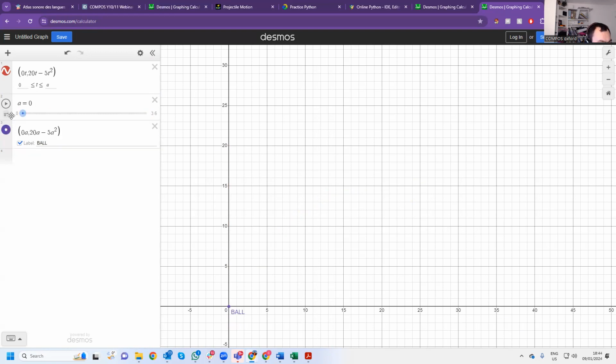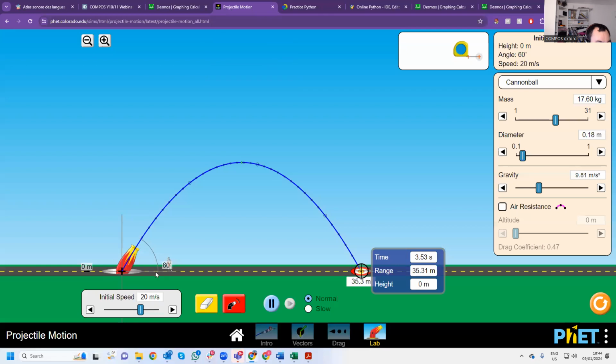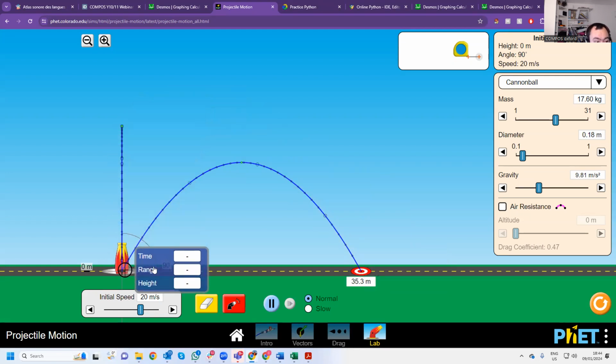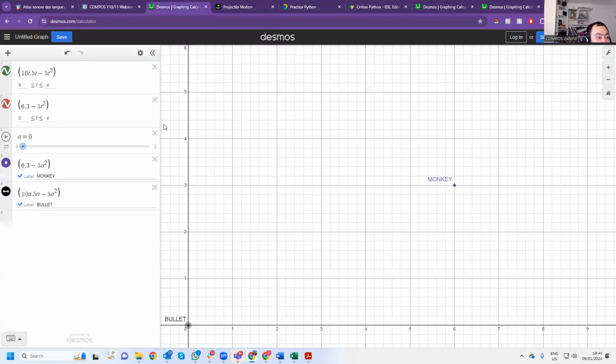Right, so we need more time, I'm guessing. So 5 seconds should do it. Let's shoot. Bam. It reaches about 20 meters and then falls back down. Let's see if this does the same thing. Yeah, it reaches about 20 meters and then falls back down. It's quite cool. So you can play around with this.